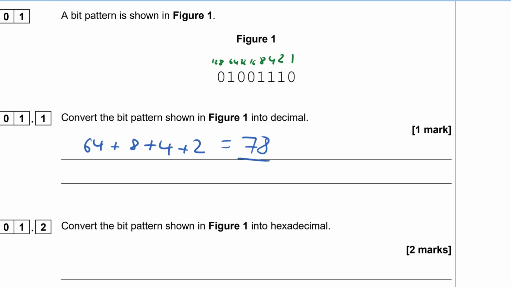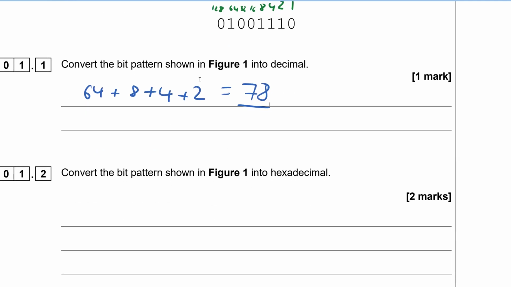For 1.2, a standard follow-up question, we now need to convert this bit pattern into hexadecimal. What you could do is take 78 and convert it using 1 and 16 as your place values, dividing 78 by 16 and finding the remainder, and so on. But the quicker way, when you're given the binary, is to split the bits, or split the nibbles to be more accurate.